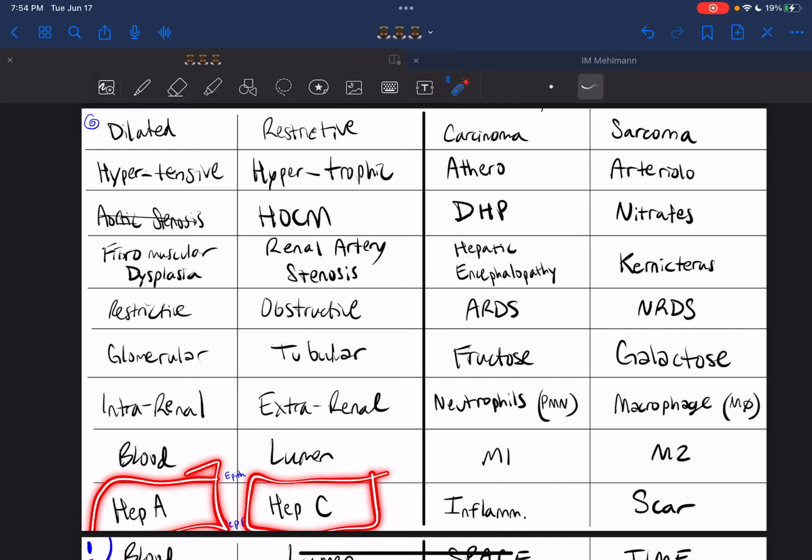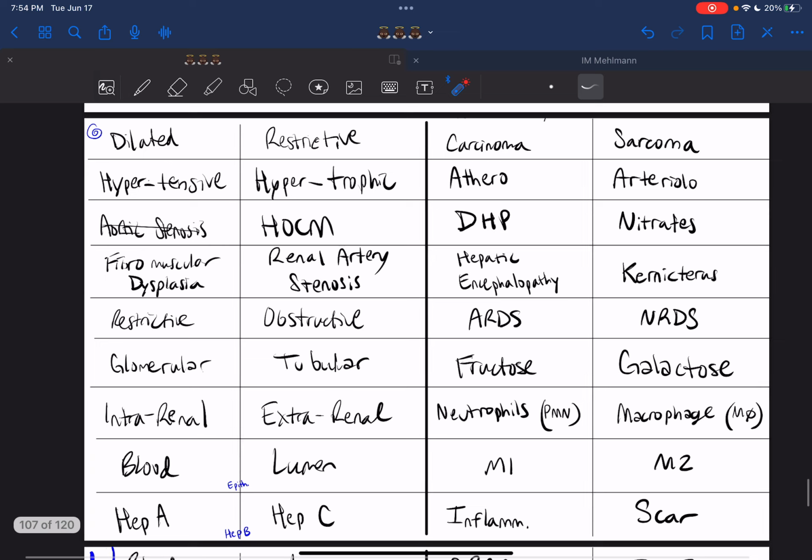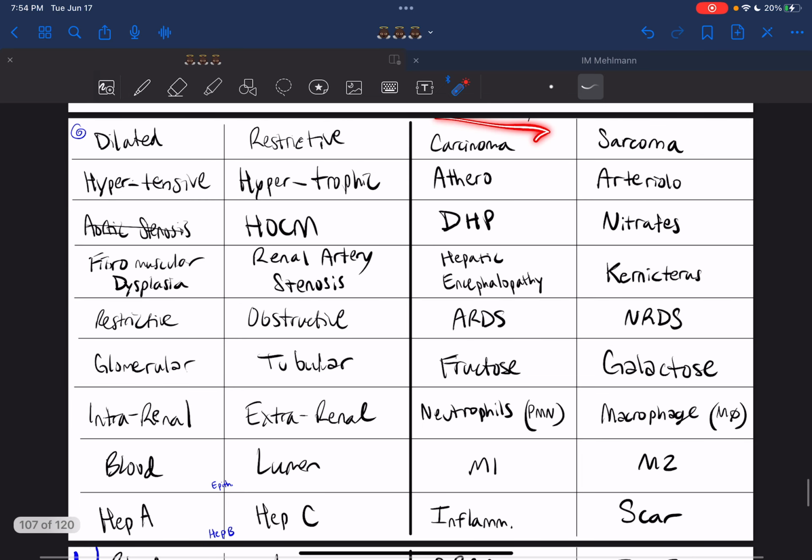Hep A versus Hep C, acute versus chronic. Carcinoma versus sarcoma, the two types of malignant neoplasms. Carcinoma means epithelium cancer. Sarcoma means connective tissue cancer. It means connective tissue or muscle.